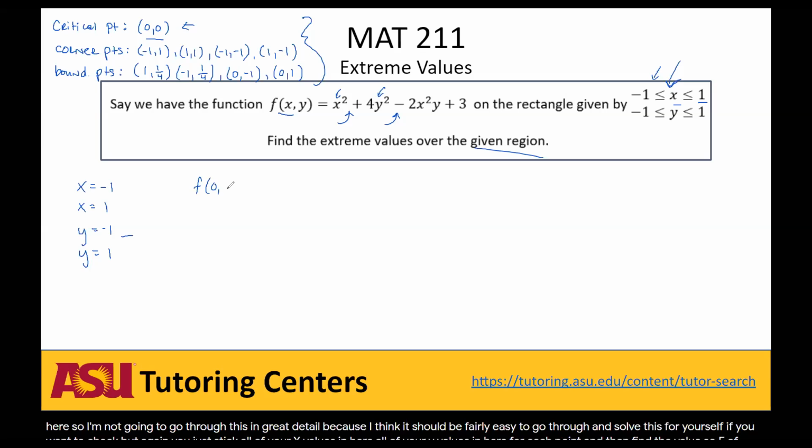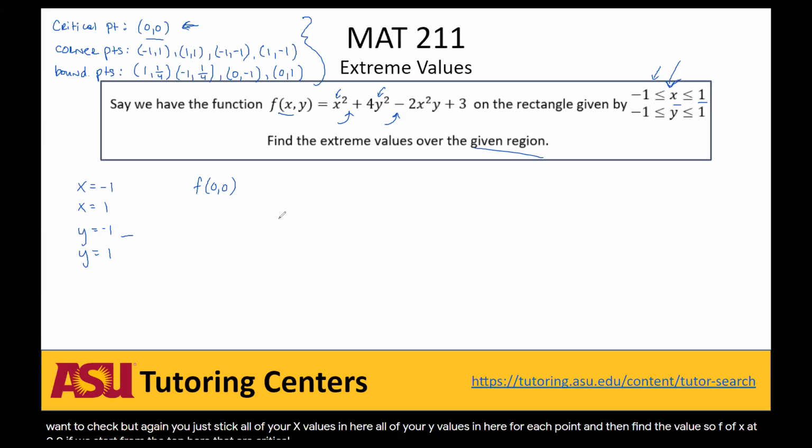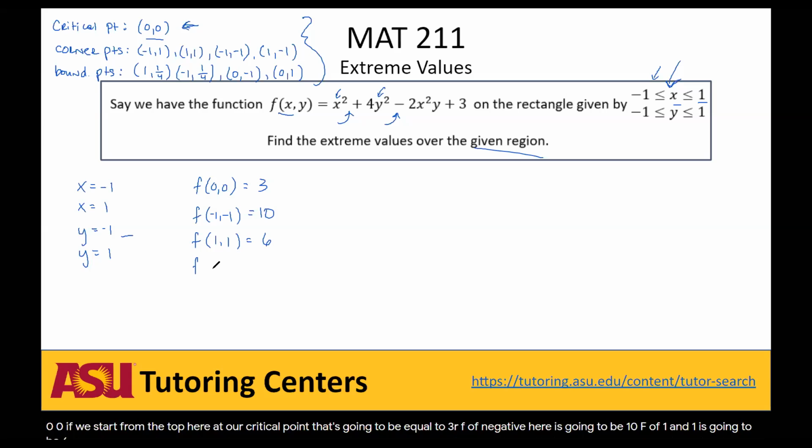So f at 0, 0, if we start from the top here at our critical point, is going to be equal to 3. Our f of -1 and -1 here is going to be 10. f of 1 and 1 is going to be 6. f of -1 and 1 is going to be 6 as well. f of, nope, that's a +1. f of +1 and -1 is going to be equal to 10.